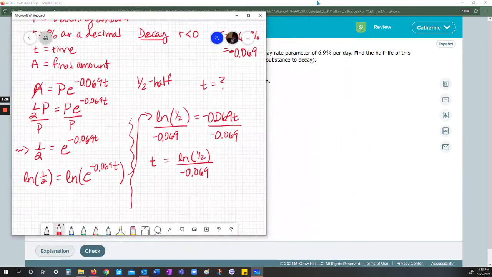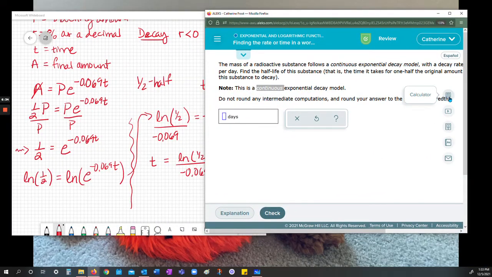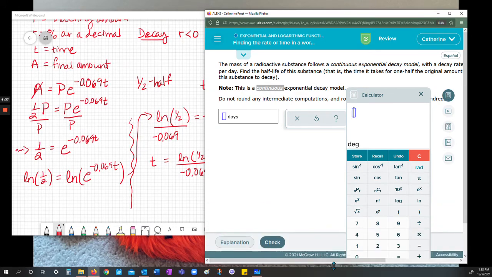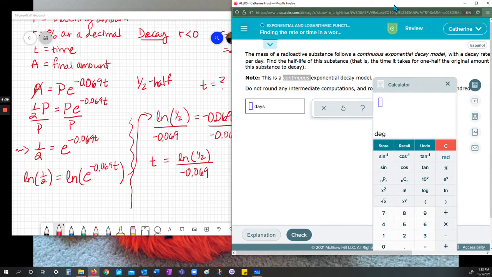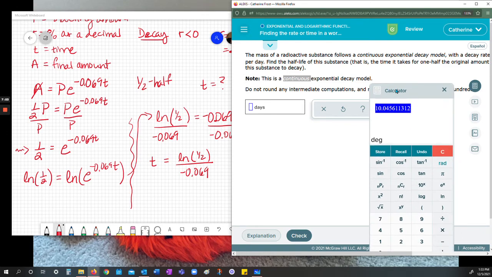So let's get this going. Natural log of 1 divided by 2, and then I'm going to click out of that and divide by minus 0.069 equals, okay, 10 point something, and nearest hundredth, so 10.05 once we round.